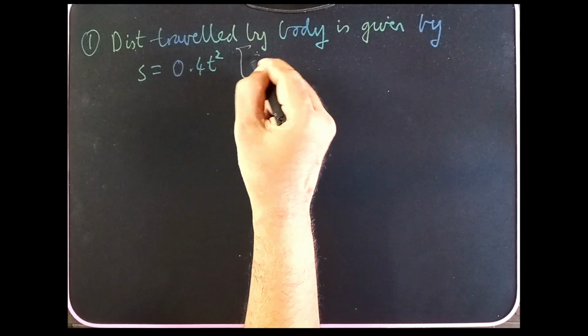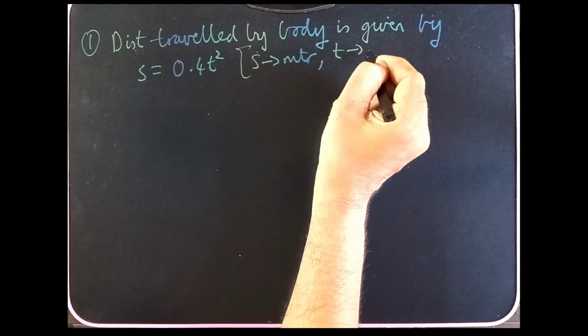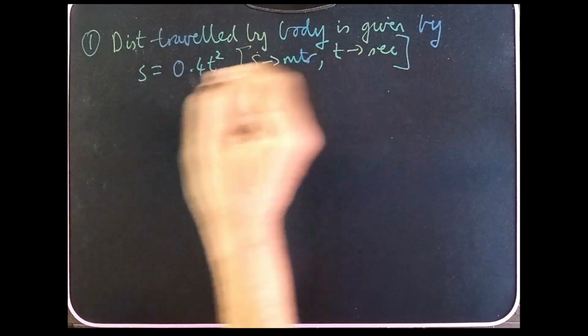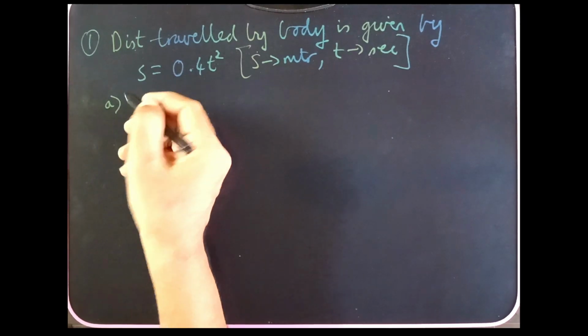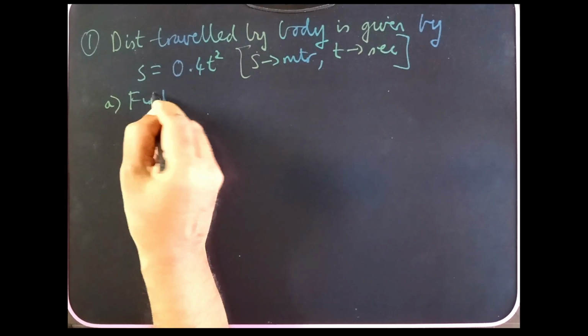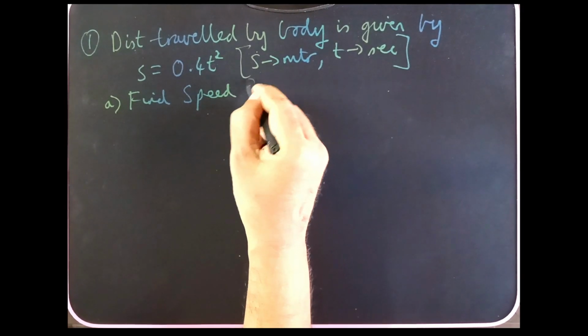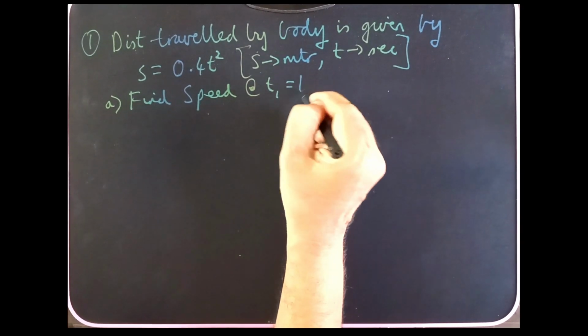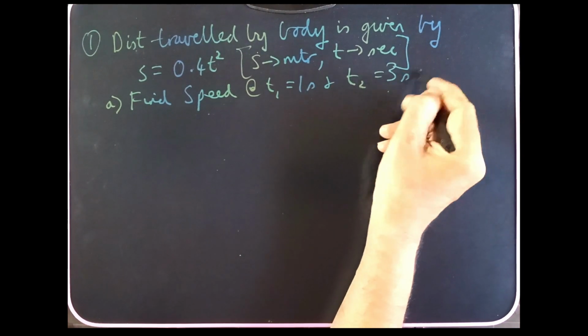So s is in meters and time is in seconds. What is it asking? The first question is find speed at t1 is equal to 1 second and t2 is equal to 3 seconds.